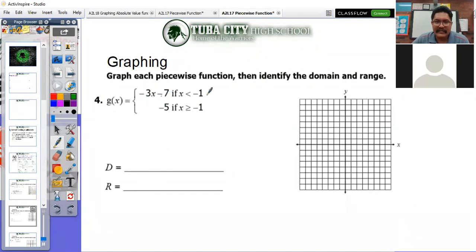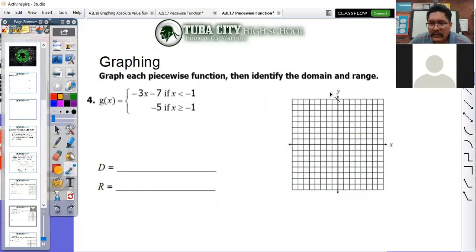Anyway, let's go ahead and cover this one here. So g of x, and we have the lines break at -1. So I'm going to make a light line here at -1. That way I know where to stop my lines when I'm graphing them.